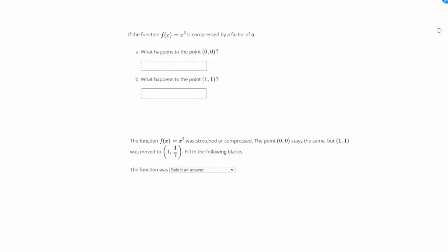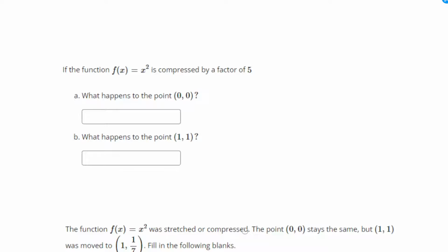So let's get into some examples. If the function f of x equals x squared is compressed by a factor of 5, what happens to the point 0, 0, and 1, 1? Now, if you remember, this is still applicable when we were talking about lines, and in Lumen it was talking about the same type of thing.